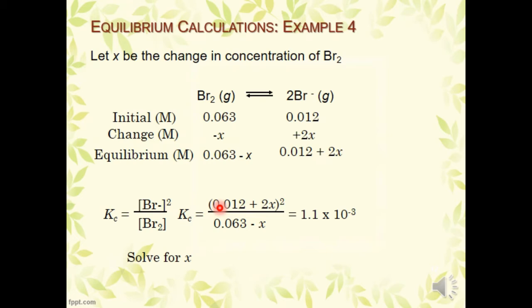We can simplify this expression by assuming that this x value in the denominator is too small compared to the 0.063 value, so we can ignore this. So we don't have to solve using the quadratic formula to find the x value.